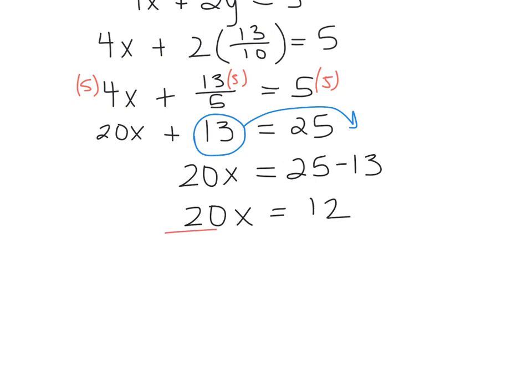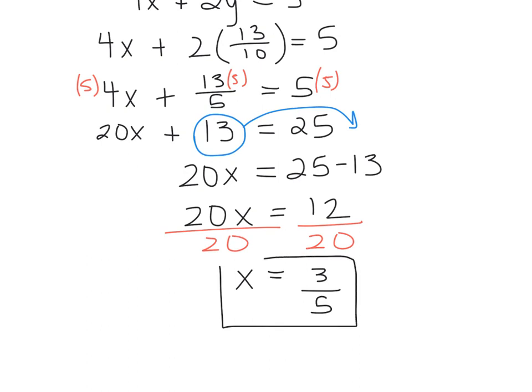And then to isolate for x, I'm going to divide both sides by 20. 12 over 20 is not going to divide out nicely. However, 12 over 20 can be reduced, and it reduces down to 3 over 5. So this is my answer for x.